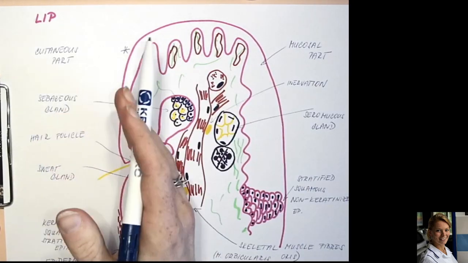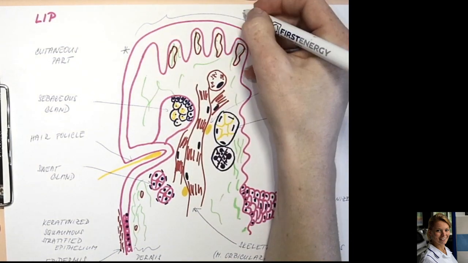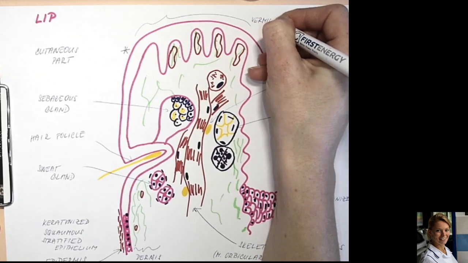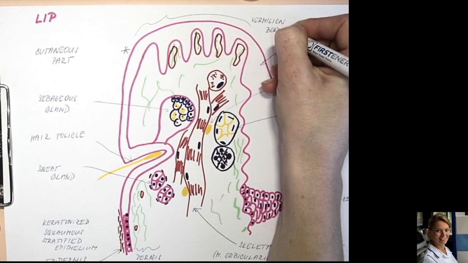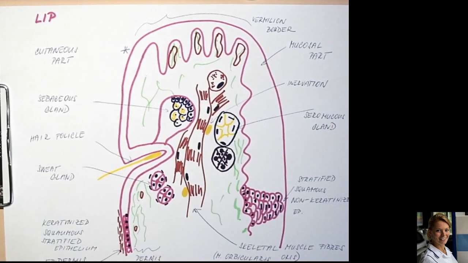And between the cutaneous part and mucosal part you can find the vermilion border with deep papillae and a rich blood vessel network. So thank you very much for your attention.